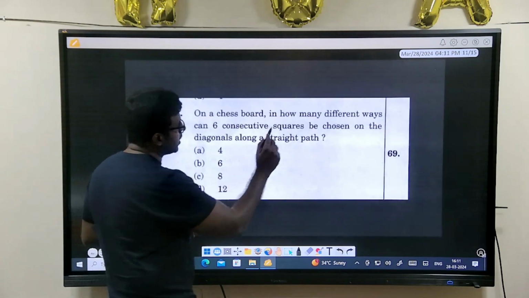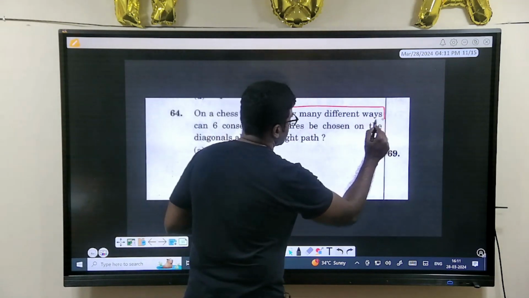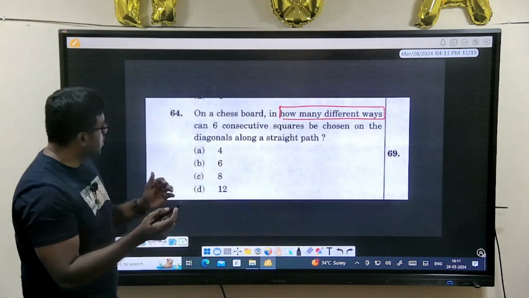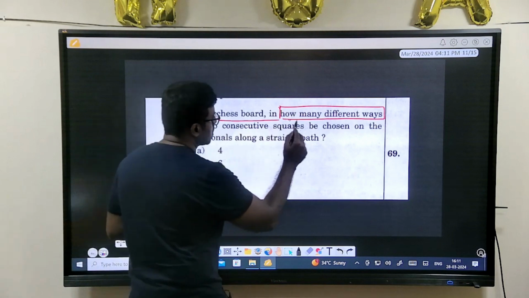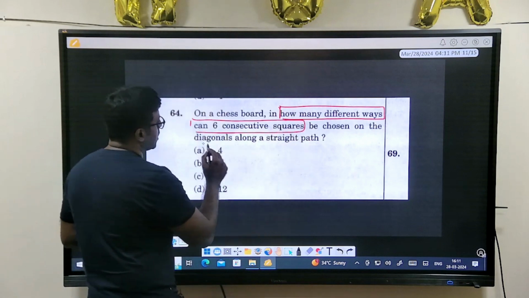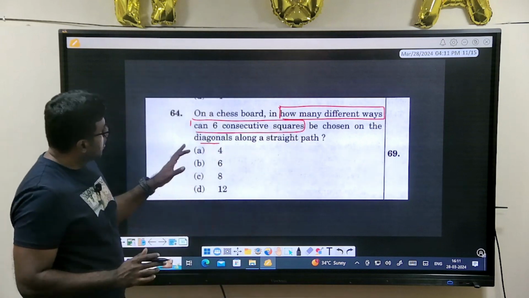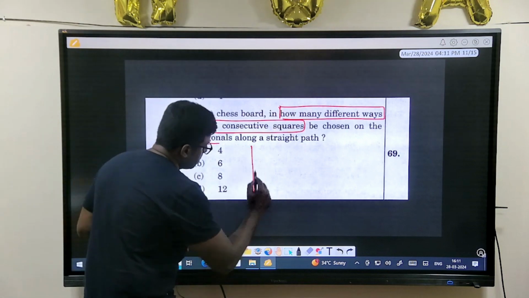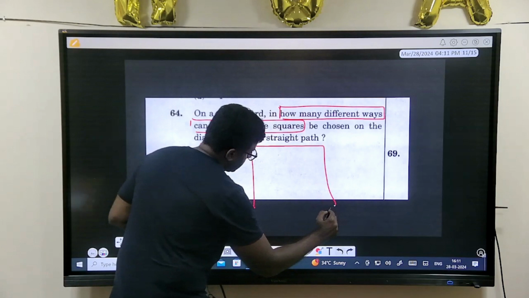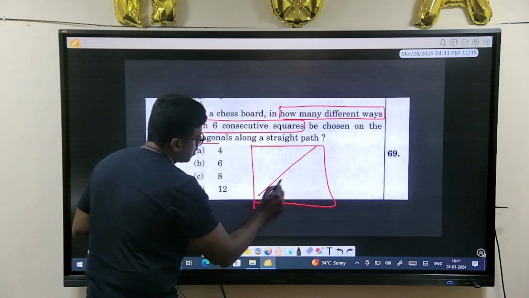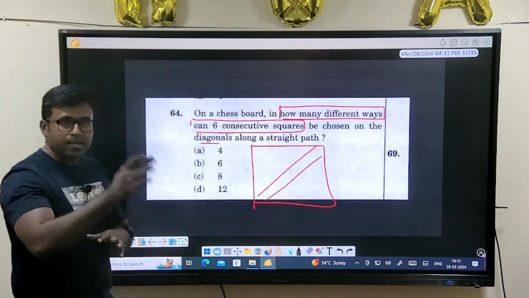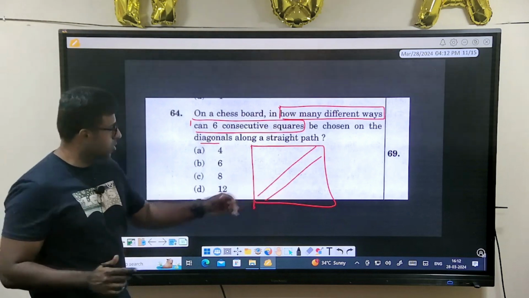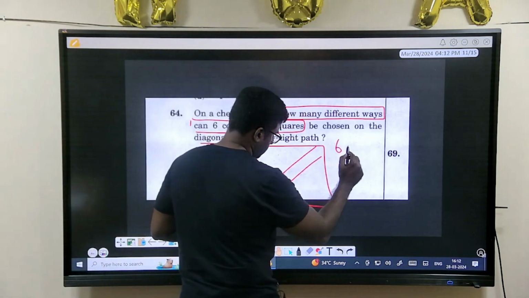For example, look at this. On a chessboard, how many different ways can 6 consecutive squares be chosen in the diagonals? If you see a chessboard, everyone is going to know this. A chessboard will have 8 squares by 8, so you have 64 squares.